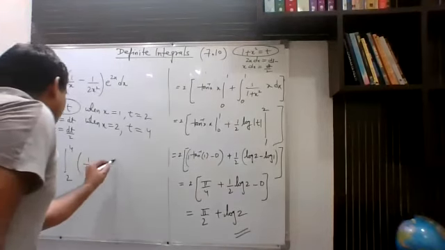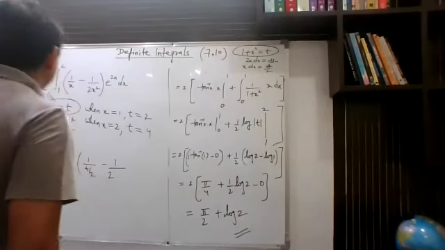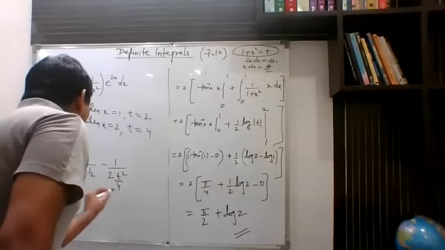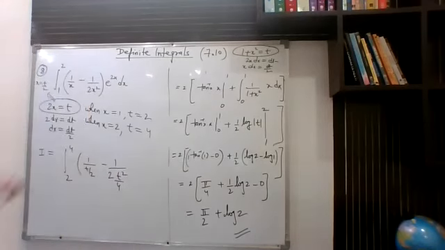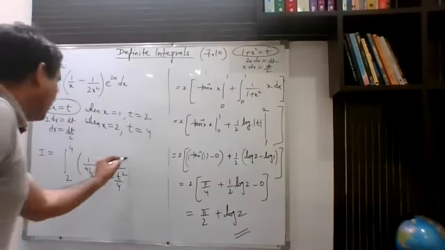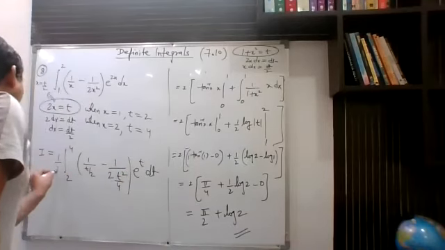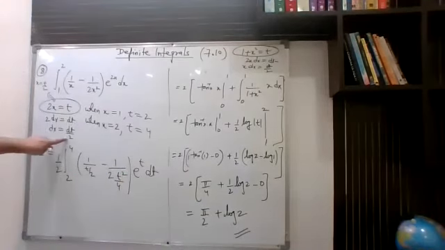Similarly over there also you will substitute, so it will become t² upon 4, because it is x squared. Now e to the power t dt, and the half we have to retain over here, this is the half from dt by 2.